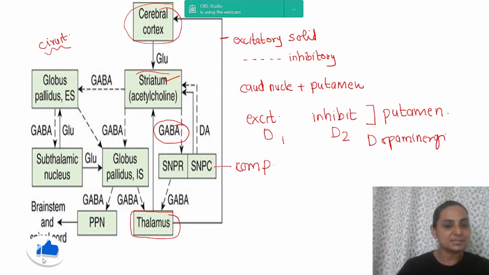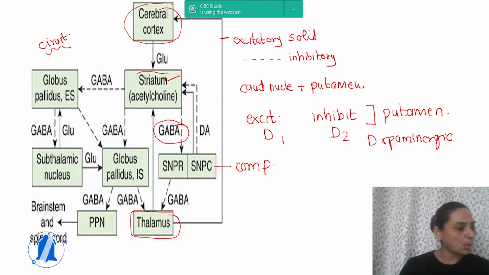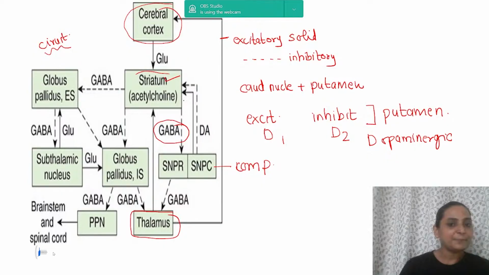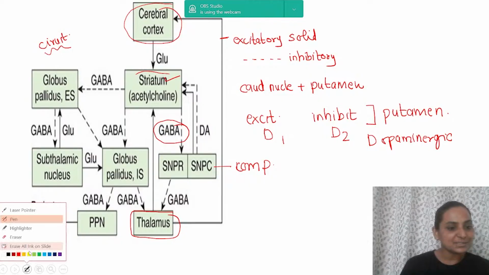So here comes the role of dopamine. The substantia nigra pars compacta can stimulate as well as inhibit the striatum: when dopamine acts through D1 it is excitatory, and through D2 it is inhibitory.